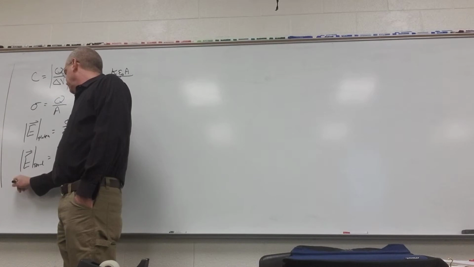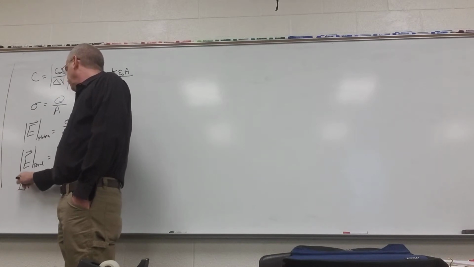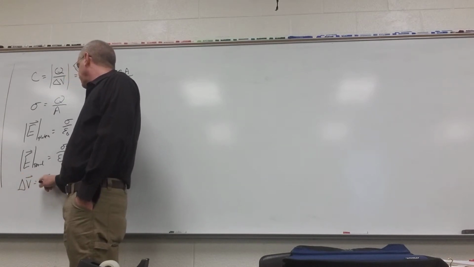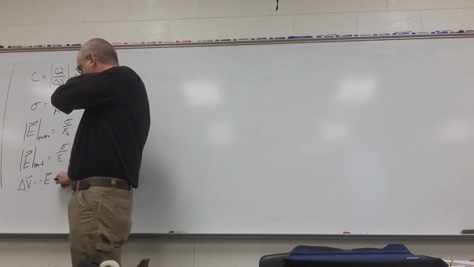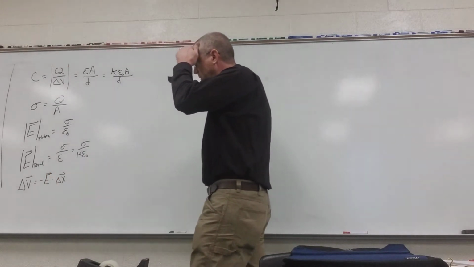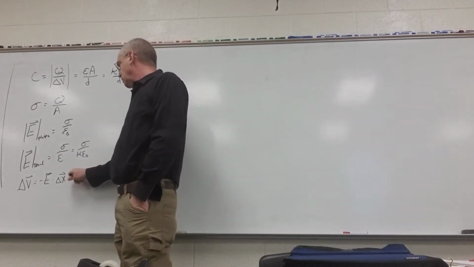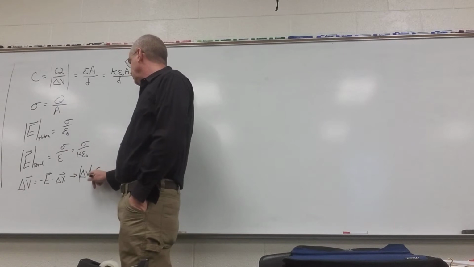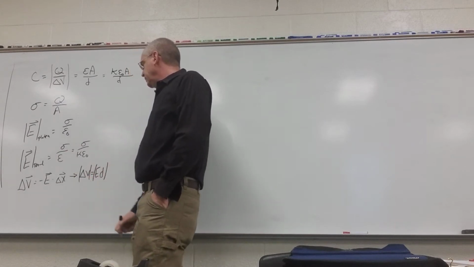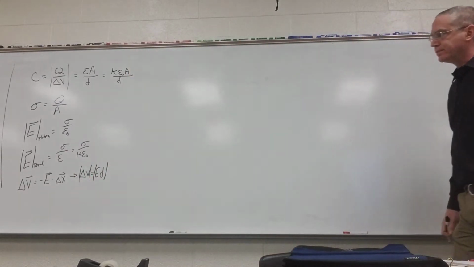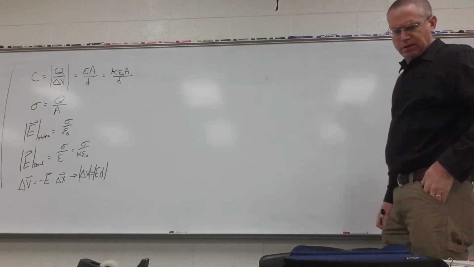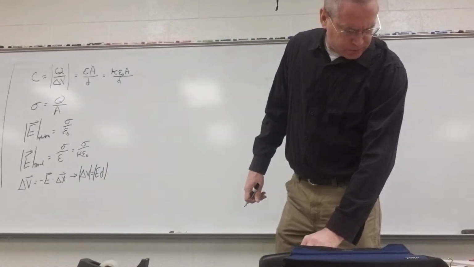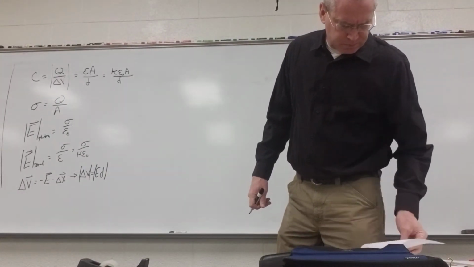And we have the voltage is equal to negative electric field times the displacement, or if we ignore the symbols and just go for magnitudes, voltage is equal to Ed. And there's another equation that sums it up.